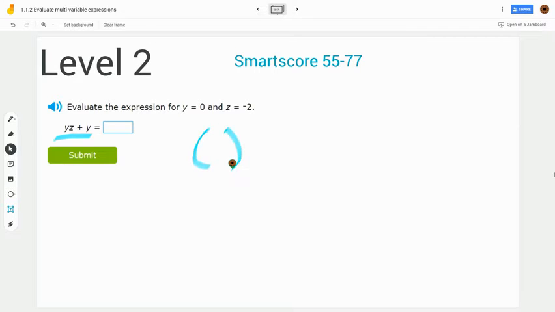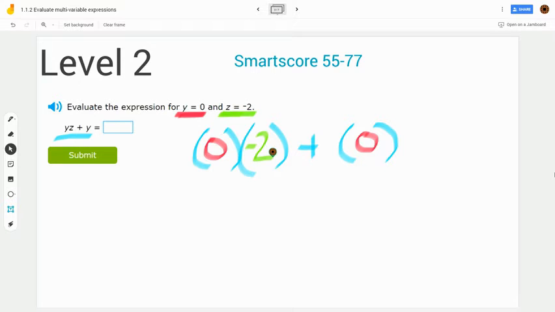So that's for the first y, that's for the z, those are being multiplied, plus the y value again. All right, so y is 0, so it'll be 0 in the first y position and 0 in the second y position. And we've got z is -2, so that's just going to go in the second spot there.